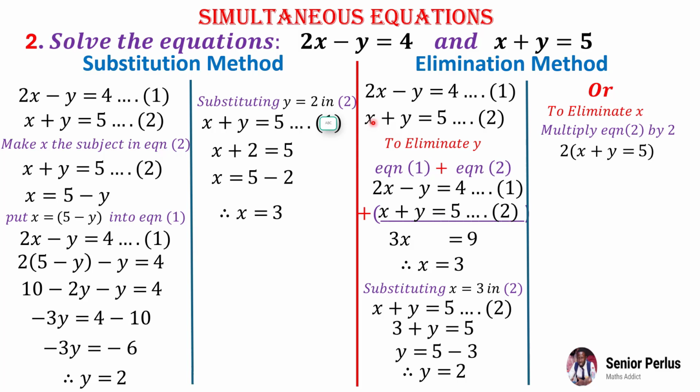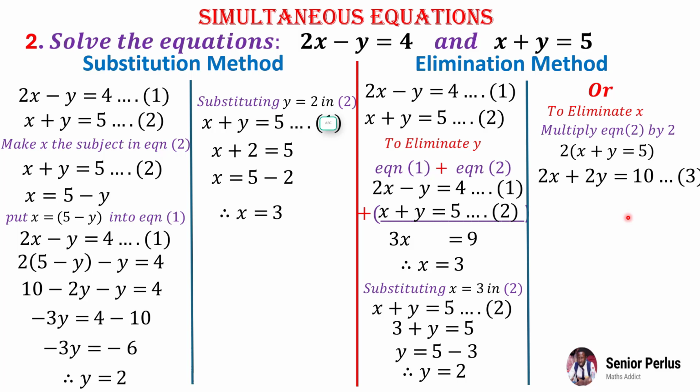So this is equation 2. I want to multiply by 2 because I want s to be the same. Multiply this equation 2 by 2. You get what? 2s plus 2y. Yes, so we can make this one equation 3. Good.